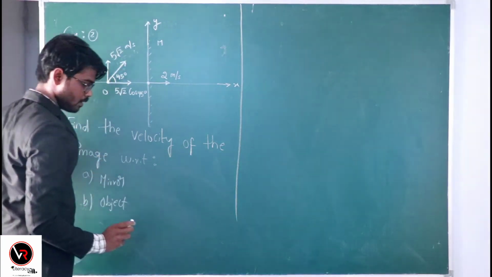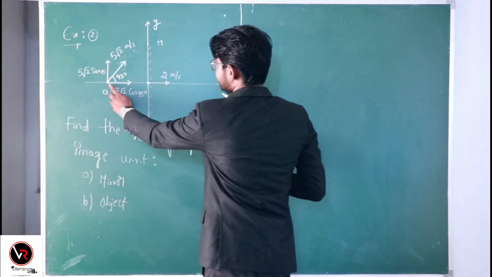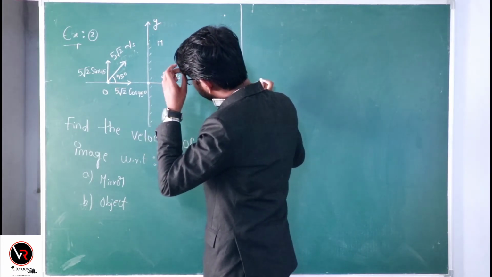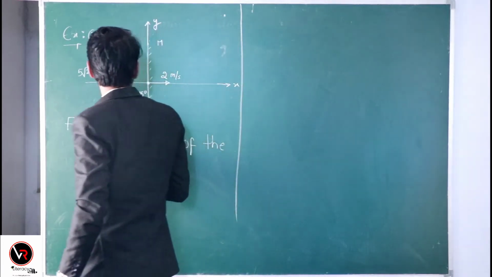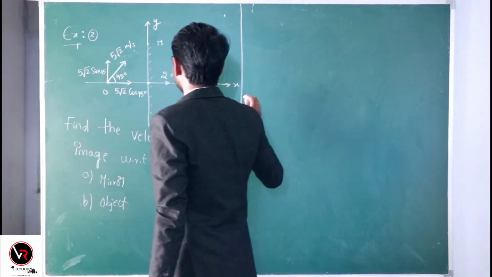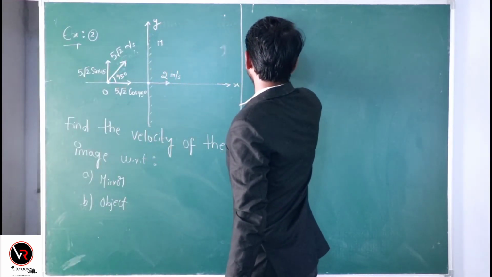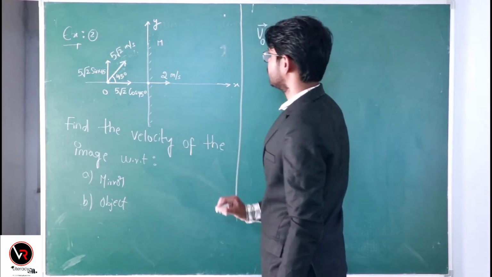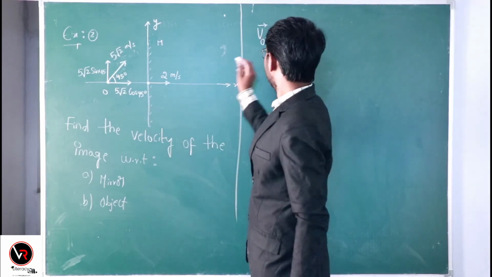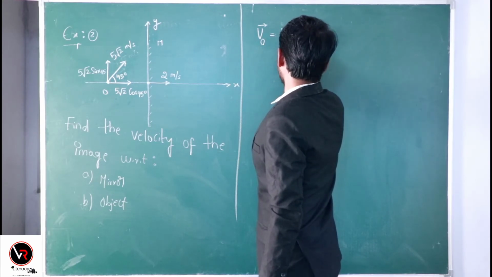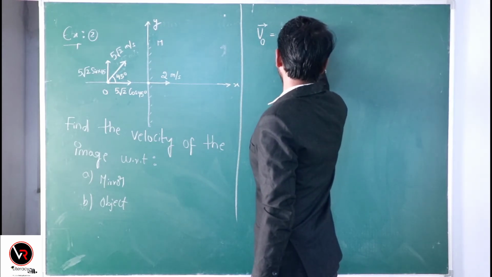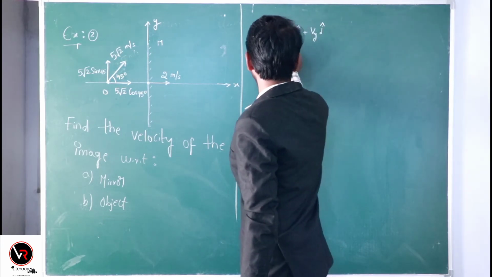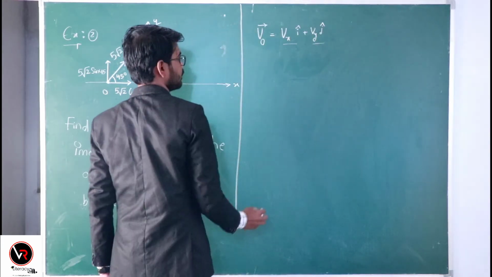So what is the velocity of the object here? The velocity of the object is equal to the velocity along x direction plus the velocity along y direction. So Vx î plus Vy ĵ.